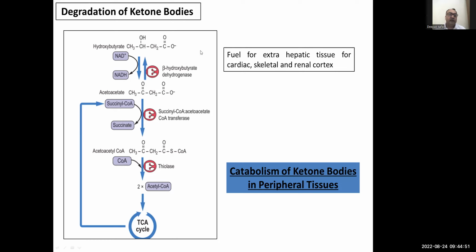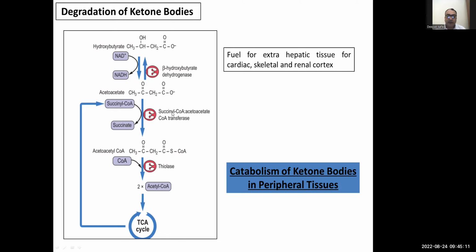Here, beta hydroxybutyric acid will be acted on by beta hydroxybutyrate dehydrogenase, and it will form acetoacetate. After the formation of acetoacetate, it will be acted on by an enzyme known as succinyl-CoA acetoacetate CoA transferase.